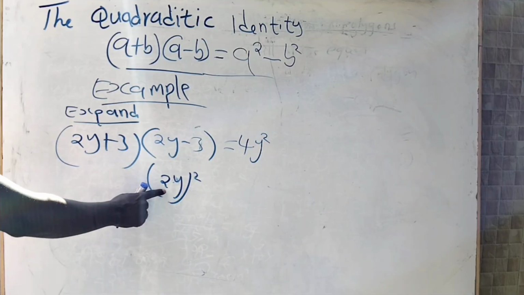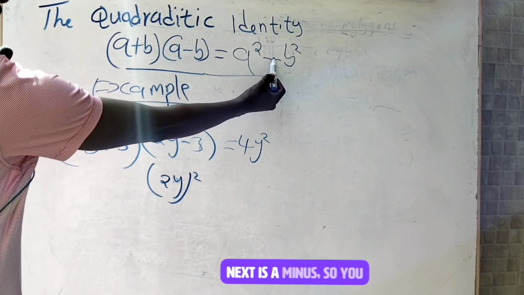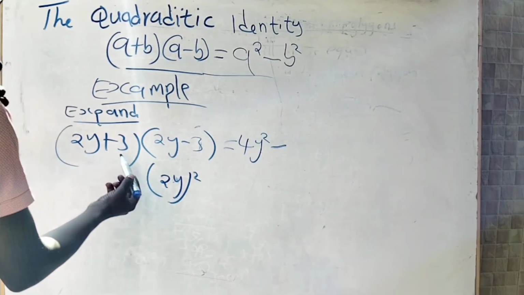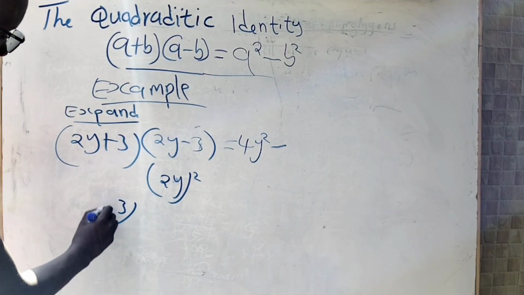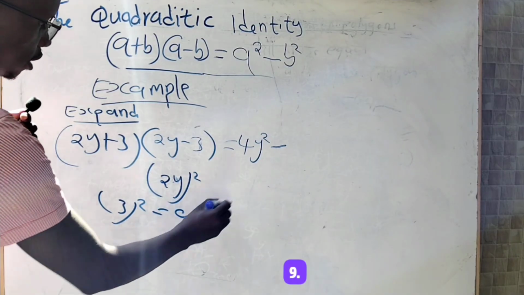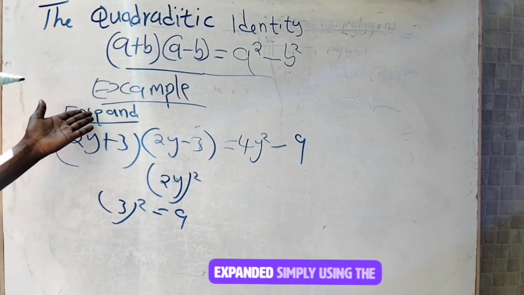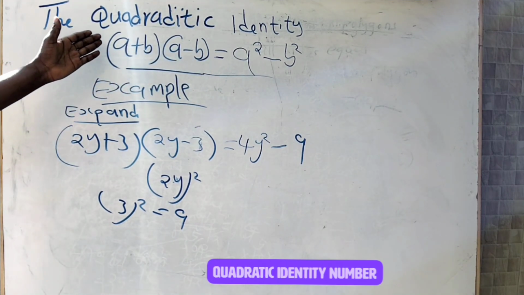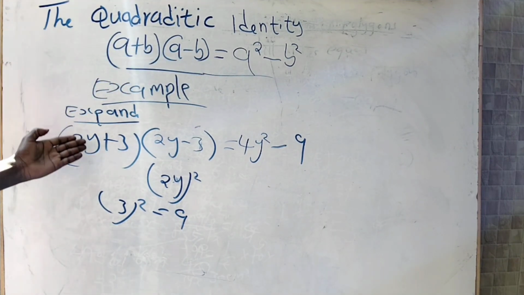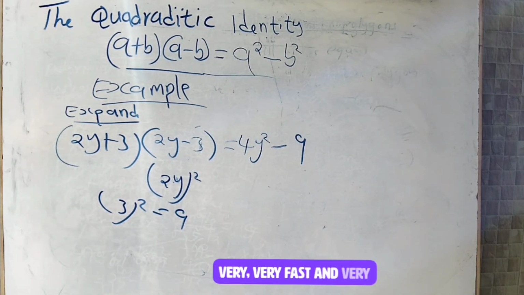Then, as the identity says, next is a minus, so you write minus. Take the last element in this bracket, which is 3. 3 squared is 9, so you write 9. By doing this, you have expanded simply using quadratic identity number 3. Very, very fast and very easy.